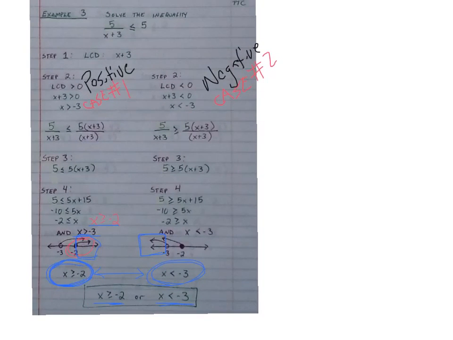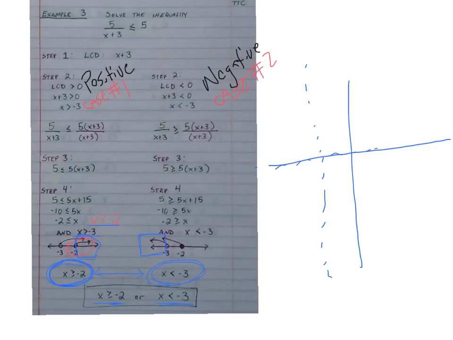imagine what the graph of this looks like. And it looks like there's a vertical asymptote at negative 3, a horizontal asymptote at 0, and then the graph of this looks something to the effect of a curve that does that, and a curve that does that.